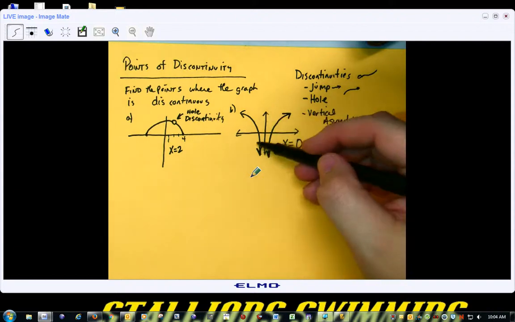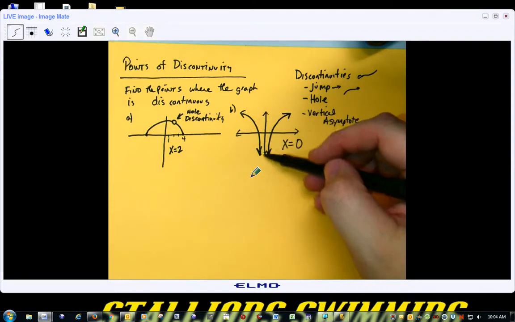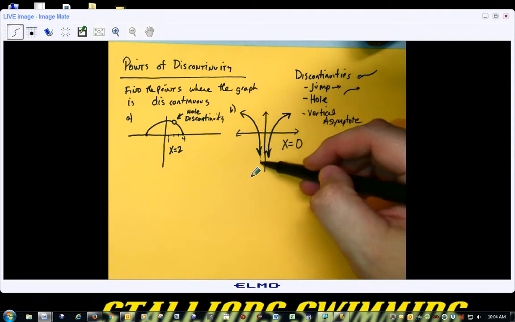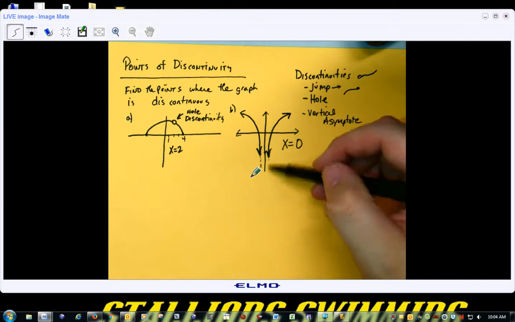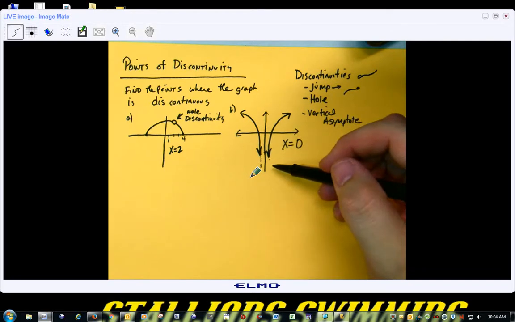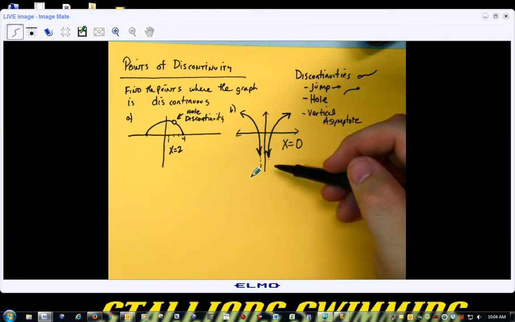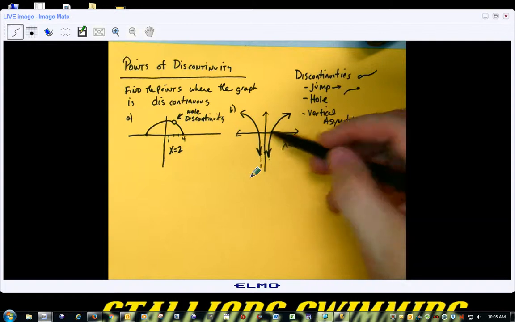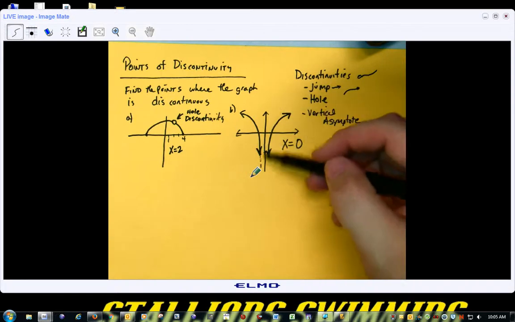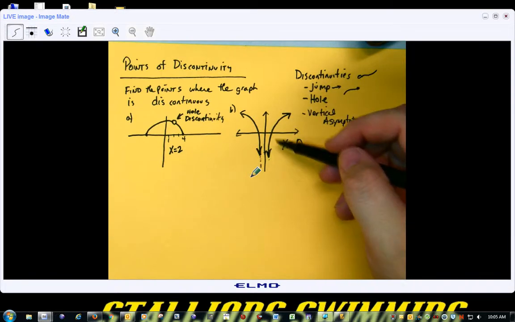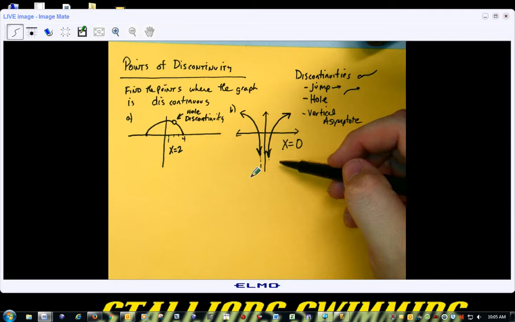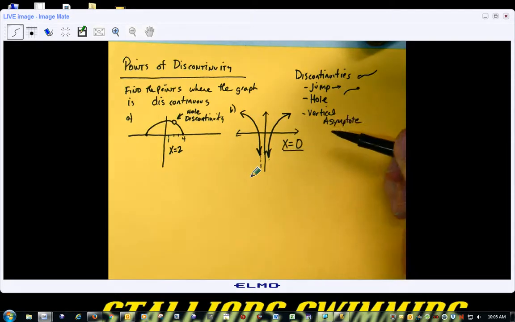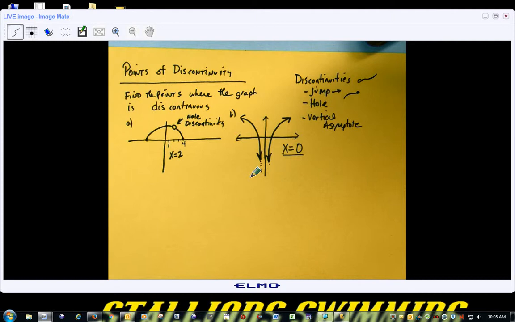Because when you see a graph like this, it always means it's going to get infinitesimally close to 0, but never actually achieve 0, or hit x equals 0. They will never touch. So then I get x equals 0 as my discontinuity. Does that make sense? If you know how to do that, you'll be fine.